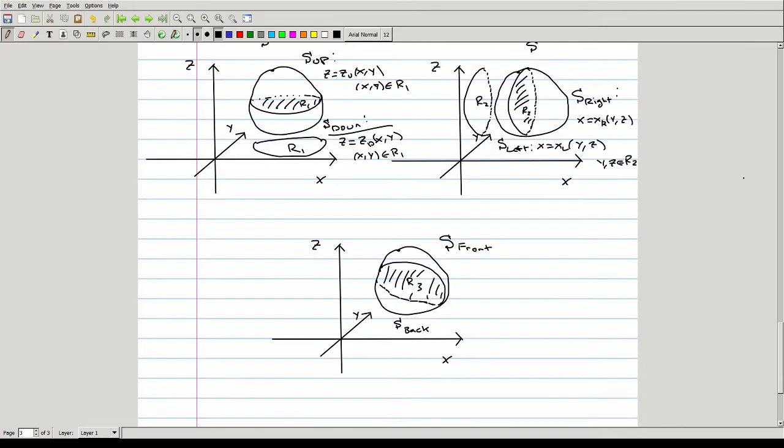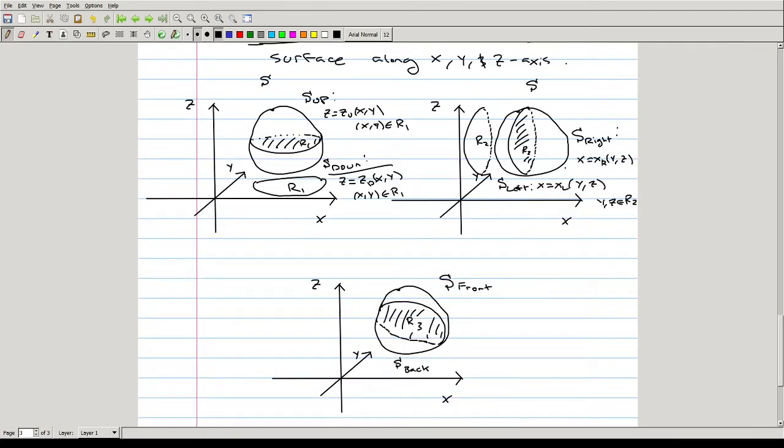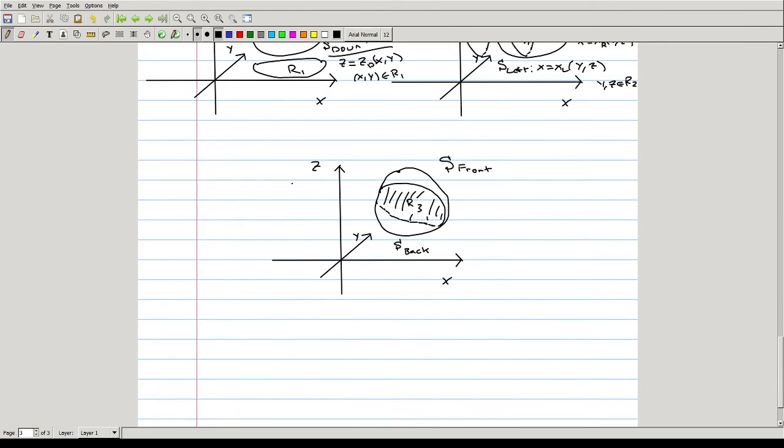And so just like we assume it's simple along x and simple along z, we're also going to assume it's simple along y. So you can determine the front of the surface, which I've called S front: y is equal to some function yF of x and z, and the back of the surface, S back, is y equal to some function yB of x, z.